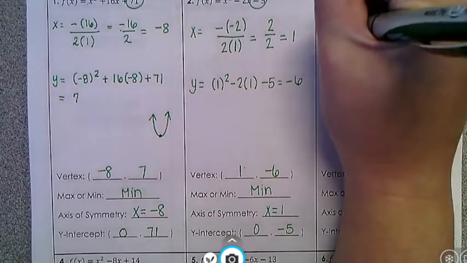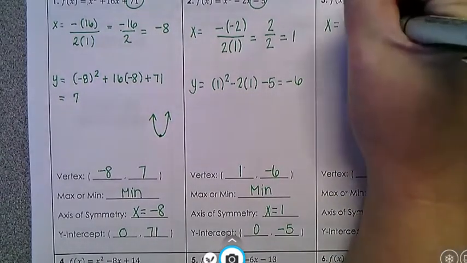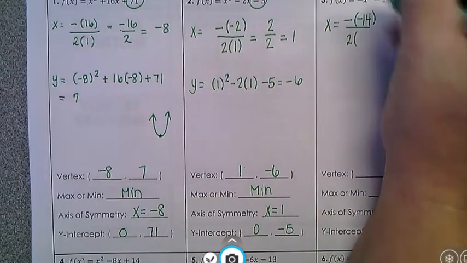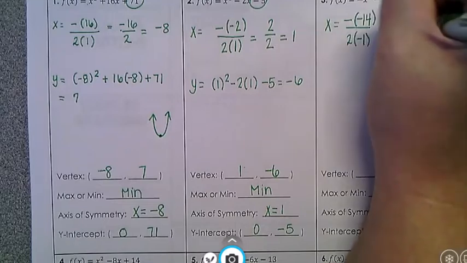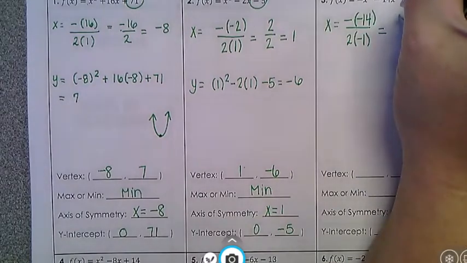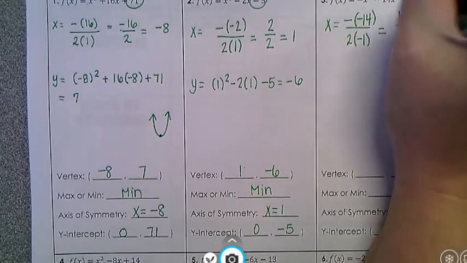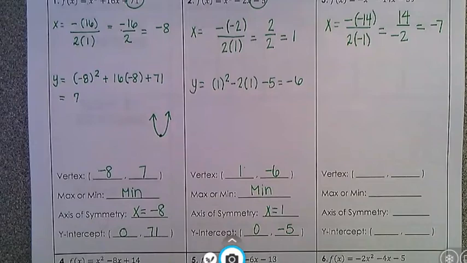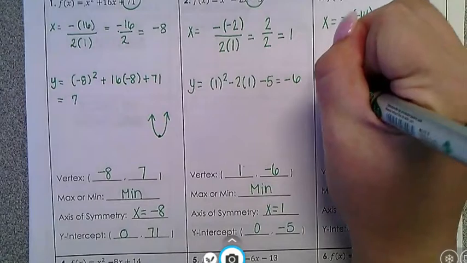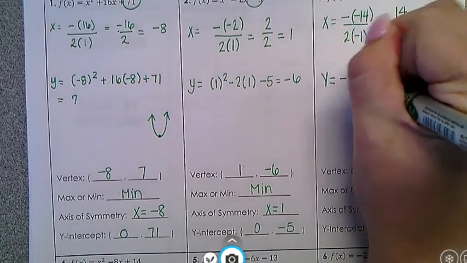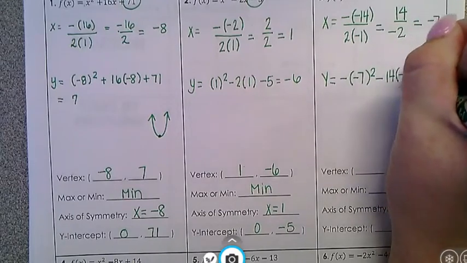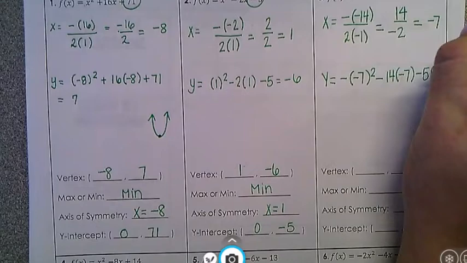Number 3, x equals negative, my b is negative 14, over 2 times my a, which is negative 1. And we get 14 over negative 2, which is negative 7. y equals negative 7 squared minus 14 times negative 7 minus 59.